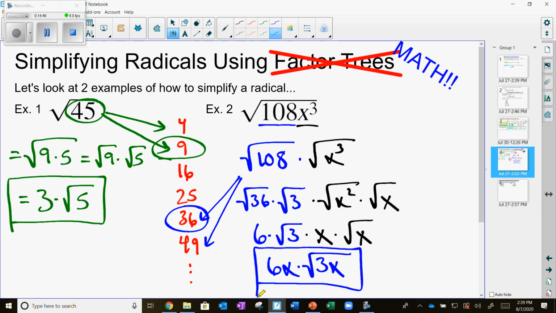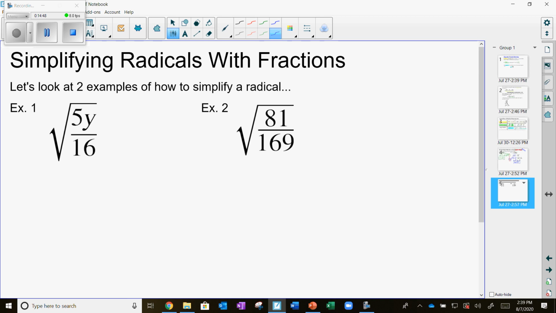Okay? So if we take a look at the last two really quickly, these are going to involve quotients. So we're going to be using the quotient property for these two. Looking at example 1, we're going to say the square root of 5y over 16 should really be expressed as the square root of 5y over the square root of 16.